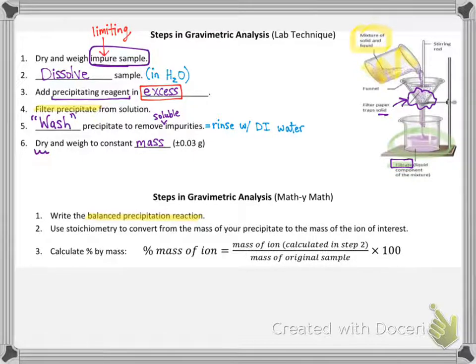So once you have that lovely balanced precipitation reaction, you're gonna use stoichiometry to convert from the mass of your precipitate to the mass of the ion of interest. Then most of the time what you're trying to figure out is what percent by mass was my original impure sample? So you just take the mass of the ion that you calculated and divide it by the mass of the original impure sample. Let's go ahead and try an example problem to see what this might look like.